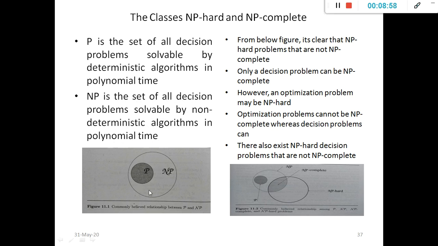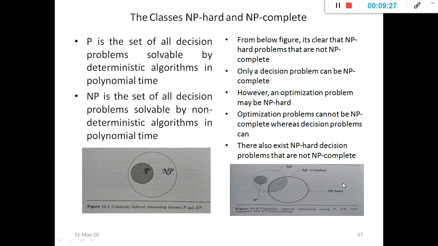Then we can say that P is a subset of NP: the decision problems solvable by deterministic algorithms belong to the category NP, where NP is the set of all decision problems solvable by non-deterministic algorithms in polynomial time.